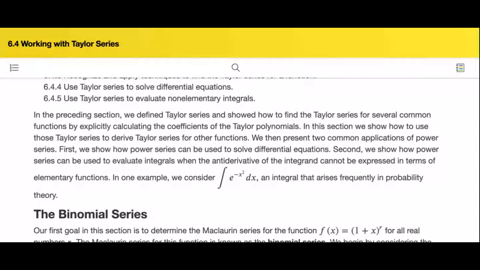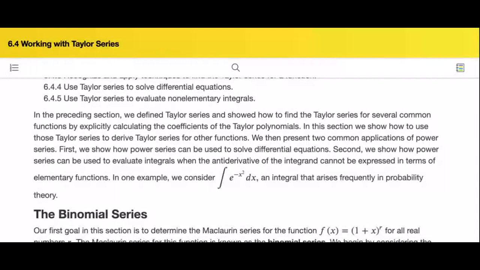So in this section, we show how to use these Taylor series to derive Taylor series for other functions. We then present two common applications of power series. First, we show how power series can be used to solve differential equations.